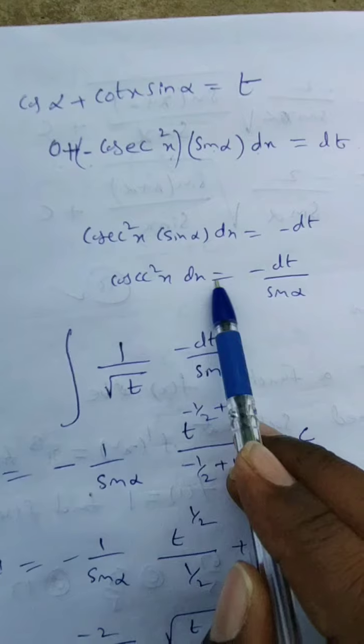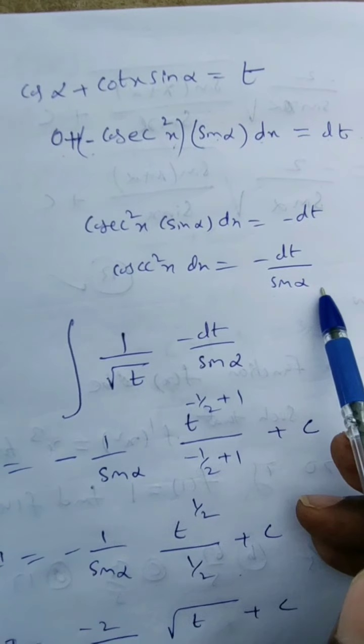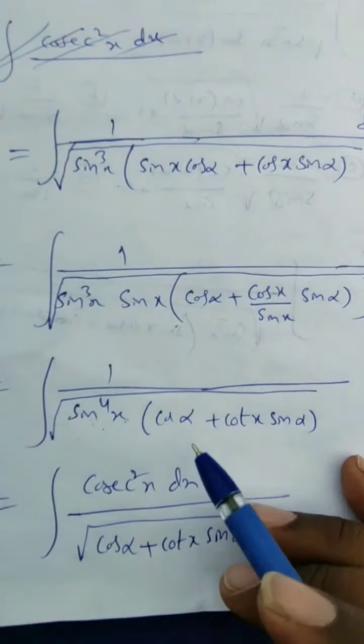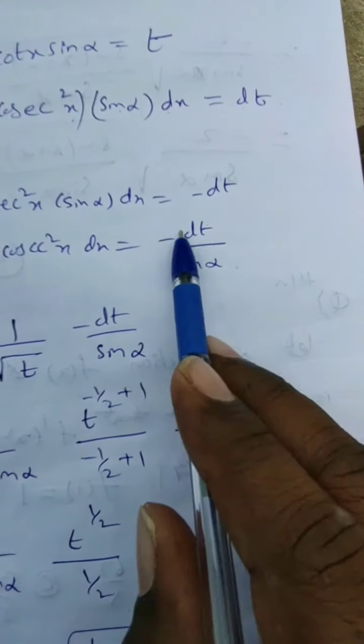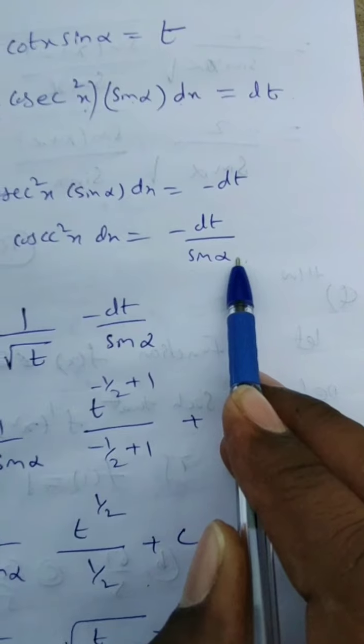Cosec square x dx is equal to minus dt by sine alpha.